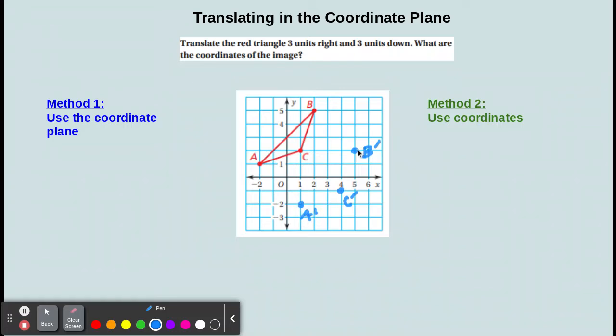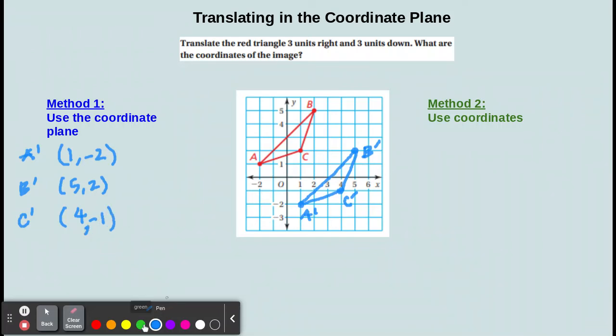So that is our new triangle, right? And then we can merely look on the coordinate plane and show the new ordered pairs. So A is at 1, comma, negative 2. B is at 5, comma, 2. And C is at 4, comma, negative 1.